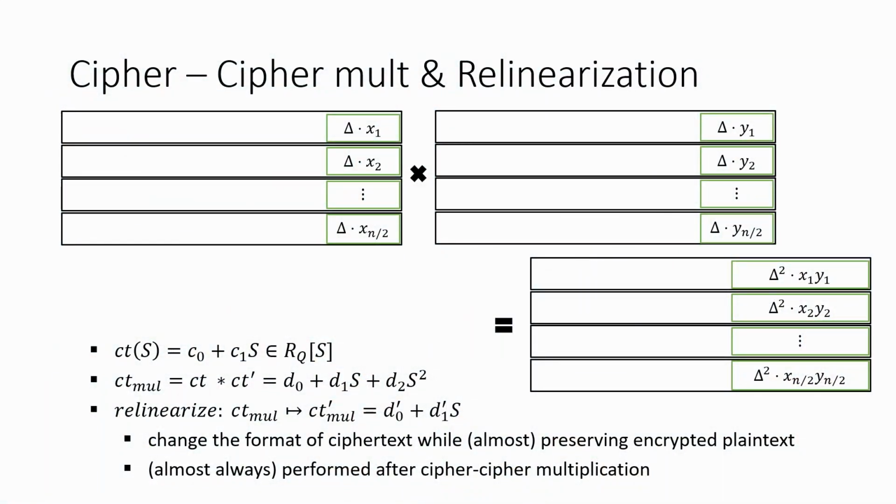So this homomorphic multiplication is usually followed by another operation called linearization, which transforms this quadratic ciphertext back to a linear ciphertext while almost preserving the encrypted plaintext. So roughly speaking, if you perform the composition of homomorphic multiplication and linearization, then it will return a linear ciphertext which encrypts the product of plaintext blocks of the two input ciphertexts.